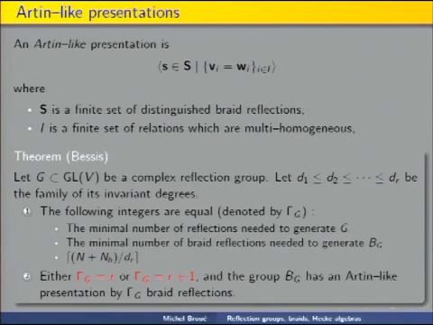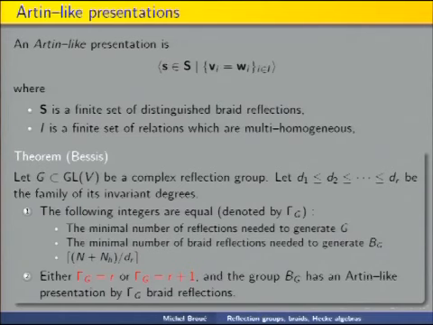And moreover, these three numbers being equal, the group BG always has an Artin-like presentation by this number of braid reflections. And by reducing modulo the order of the elements, remember that I told you yesterday that the pure braid group is obtained from the braid group by just adding the relation SH to the EH is 1.